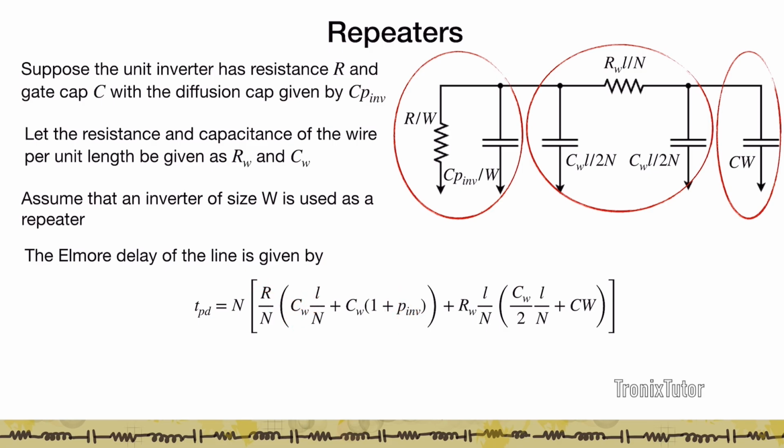And so this function, if you want to design for repeaters, you want to minimize this function for n and w, so that you only introduce the minimum number of repeaters and ensure that the size of the repeaters is not very large, so keep the area under control. So this function can be minimized and you can propose a design that uses the optimal number of repeaters so as to minimize the delay.